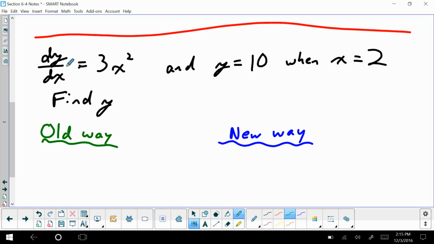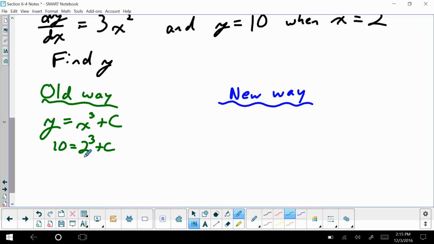If I did it the old way, we said, well, the antiderivative of 3x squared is x cubed plus c. And then to find c, I'm plugging in 2 for x and 10 for y. 2 cubed is 8, 10 minus 8 is 2. So I get that y is x cubed plus 2.